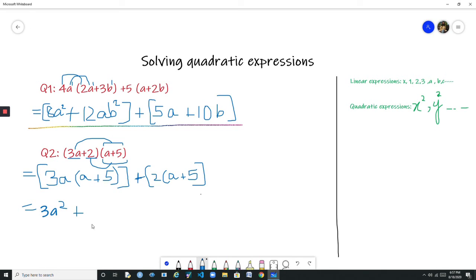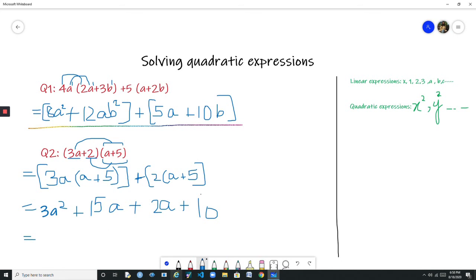5 into 3 is 15a. Then we have plus 2a plus 10. Now we have to put the like terms together and the unlike terms separate.